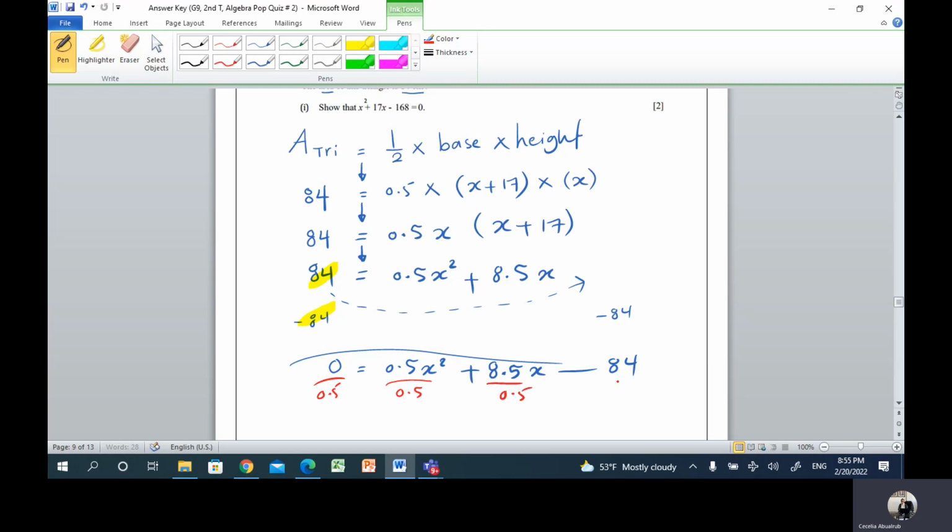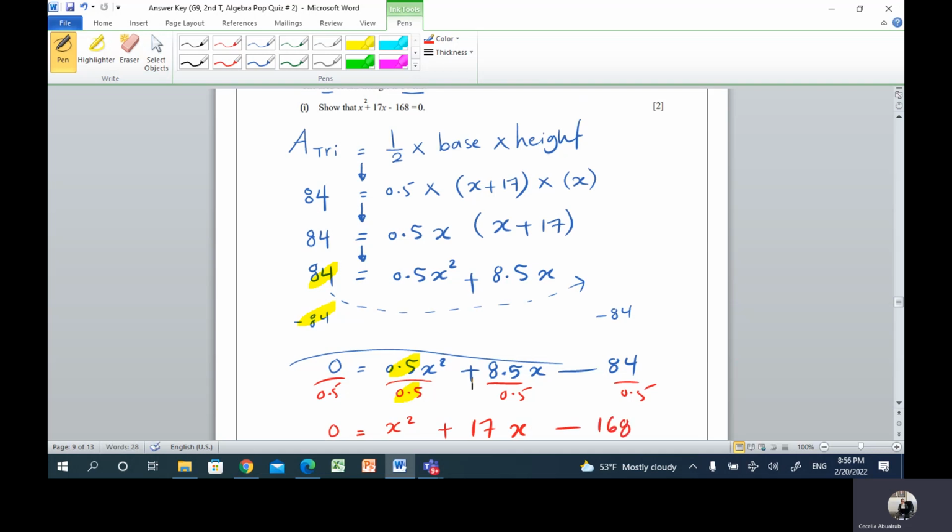Any 0 divided by any number will become a 0. 0.5 and 0.5 are going to be cancelled here, and x squared is going to come down, plus 8.5 divided by 0.5, the answer will be 17x, minus 84 divided by 0.5, the answer will be 168.